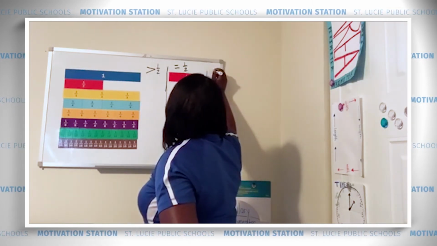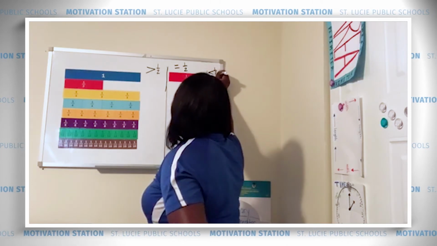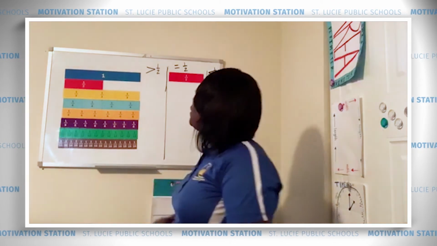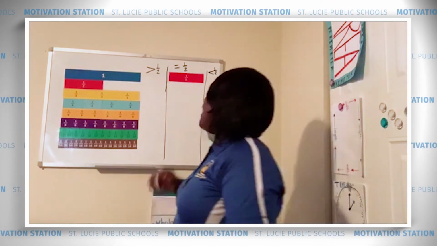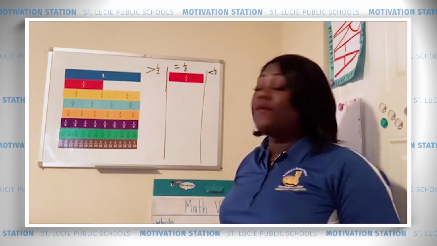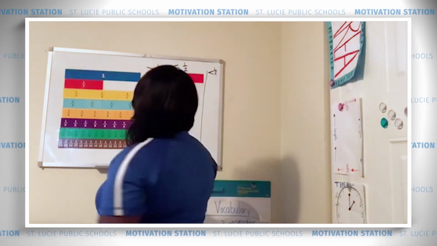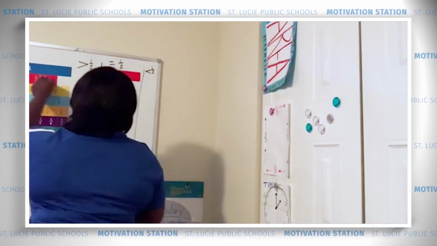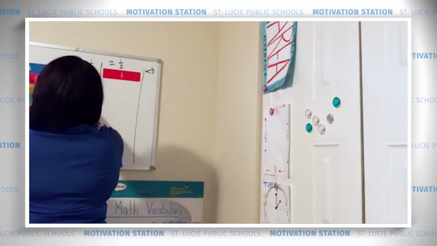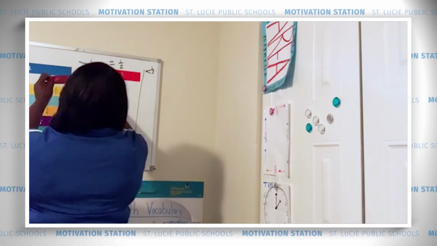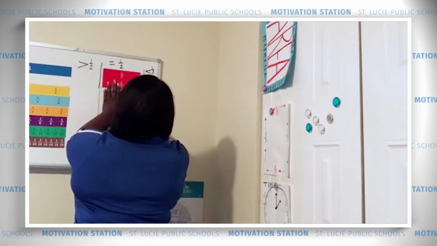And how many are less than half? So we'll definitely fill the center column because we want to know how many thirds are equal to half. How many fourths, and how many of each one is equivalent to half. So let's go ahead and start with half. How many of these red pieces do you think I'll need to match the size of the half? Half is equivalent to half.